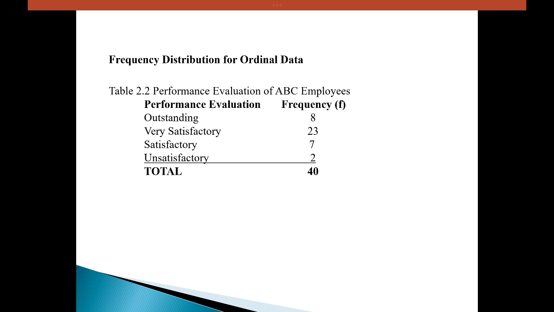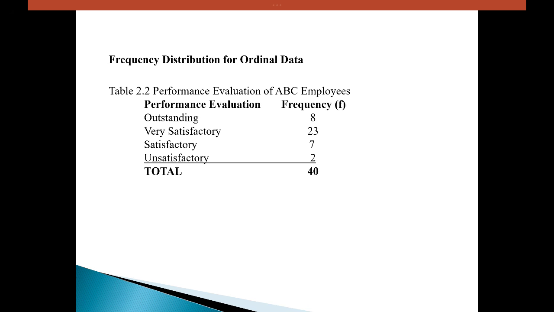It's because the performance evaluation is categorized into unsatisfactory as the lowest, satisfactory, very satisfactory, and then outstanding as the highest. Similar to the frequency distribution of nominal data, the frequency distribution of ordinal data is also easy to create. The only thing you need to create is your categories, or class interval, and then your frequency.